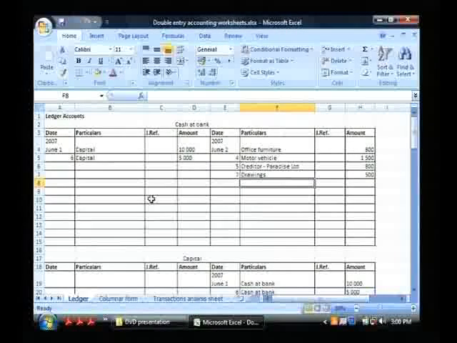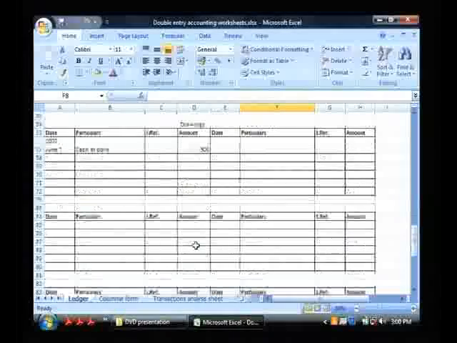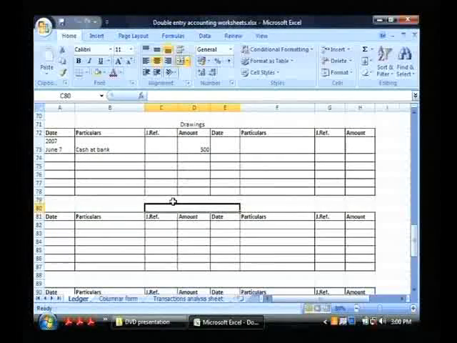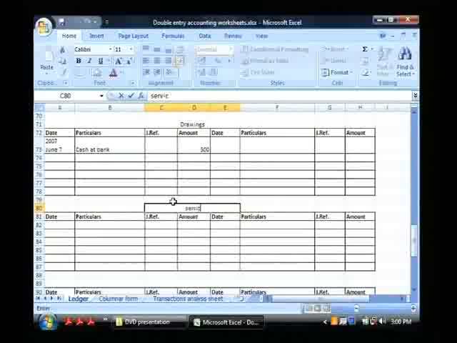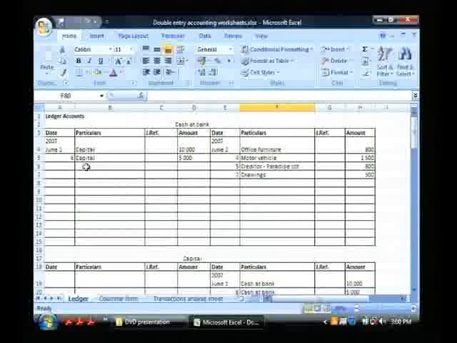Next transaction on 8th, the double entries are cash at bank debit and service revenue credit. So, we don't have a service revenue account. Now, we will open a service revenue account. Service revenue account and cash at bank. So, we have a cash at bank account here.